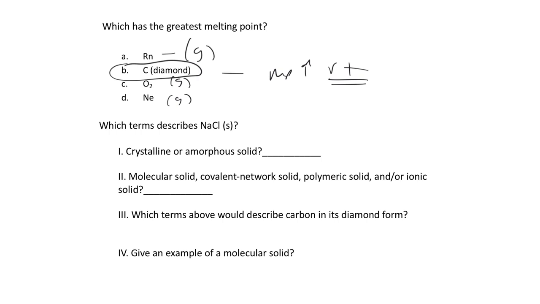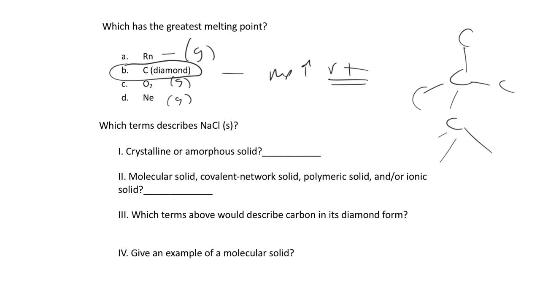Now, why does diamond have a higher melting point? It forms that covalent network solid, where the carbon atoms are linking up and forming three-dimensional arrays, where every carbon atom has 4 covalent bonds and leads to another carbon atom with 4 covalent bonds, and so on. For this substance to melt and boil, I don't even know what has to happen.